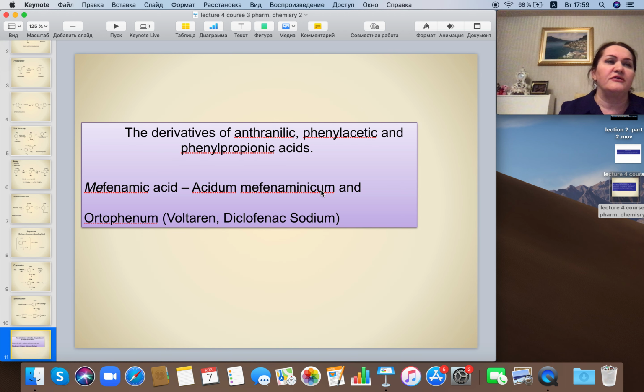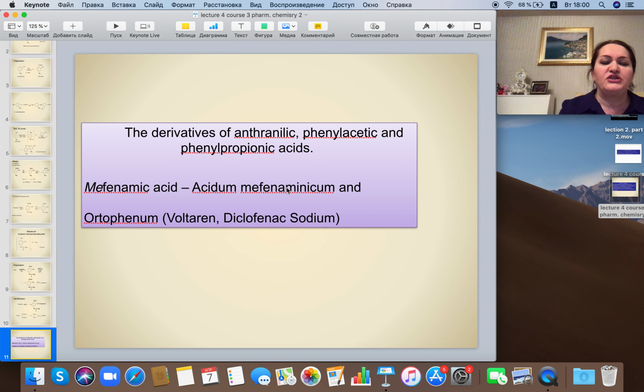Before we take this information, I want to remind you about anti-inflammatory remedies. If you remember, at our second lecture, when we spoke about steroidal anti-inflammatory remedies and corticosteroids, the hormones of the cortex part of the adrenal gland, I said that these preparations, namely glucocorticosteroids, are steroidal anti-inflammatory remedies.